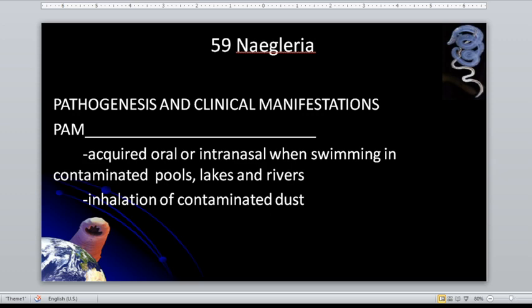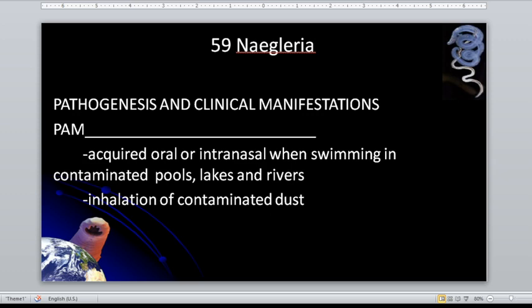So water containing Naegleria fowleri enters the nose. Through what, guys, does it migrate to the central nervous system or to the brain? Through the olfactory nerve. You can only be infected when contaminated water goes into your nose and accesses your nasal mucosa.